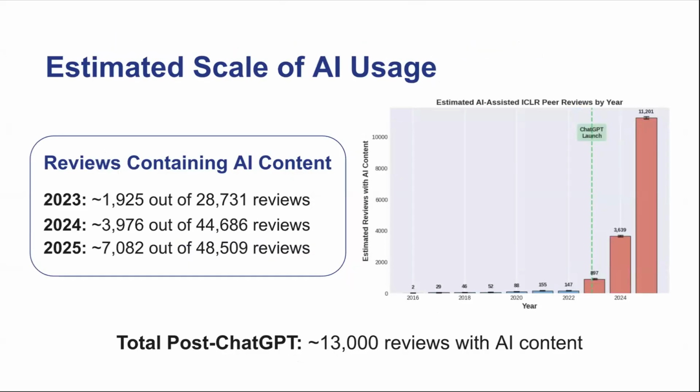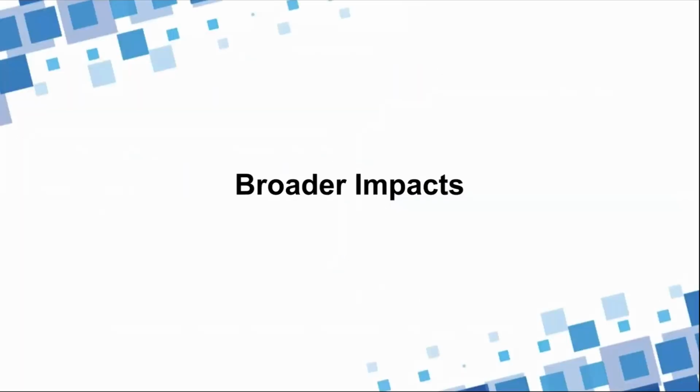In terms of estimating the scale of AI usage, if in 2023 we had 28,731 reviews, we can safely assume that about 1,900 were AI-generated content. Again, here's a better visual on the right. Finally, that comes out to about 13,000 reviews so far with AI content post-GPT.